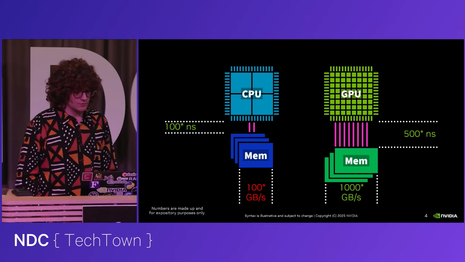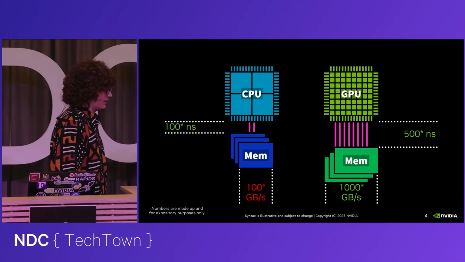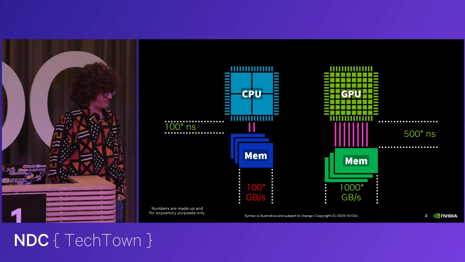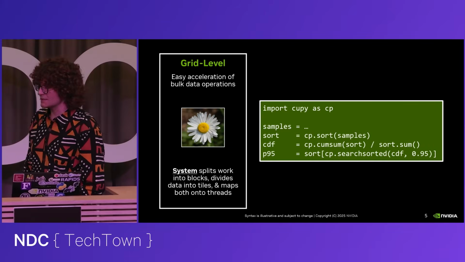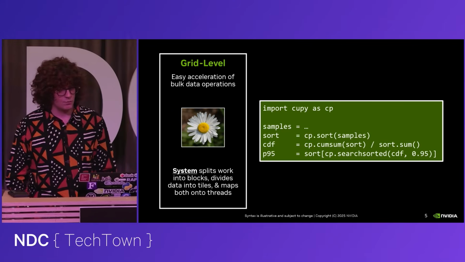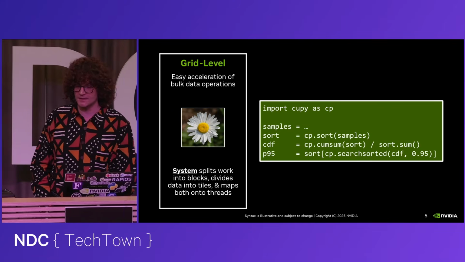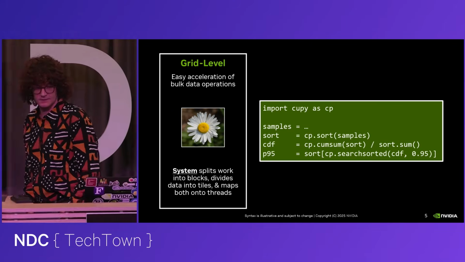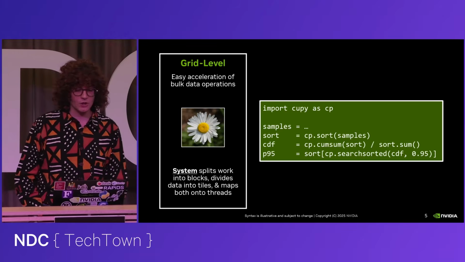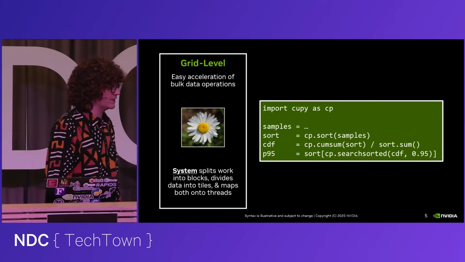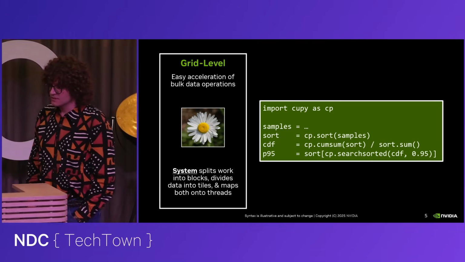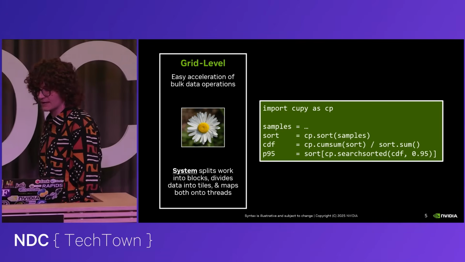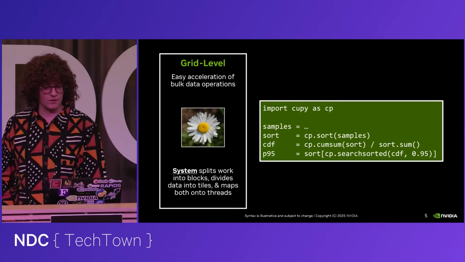Now, there are two ways to program GPUs today. The first is grid-level models, where you invoke GPU algorithms on the entire input. The algorithms are launched from the CPU, but run on the GPU. You don't explicitly parallelize or partition the work or data.